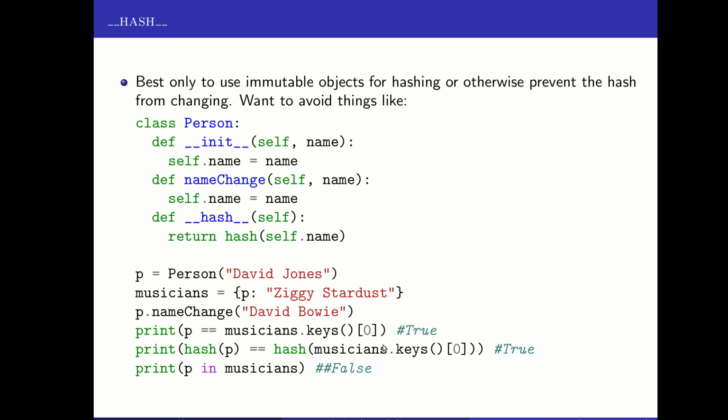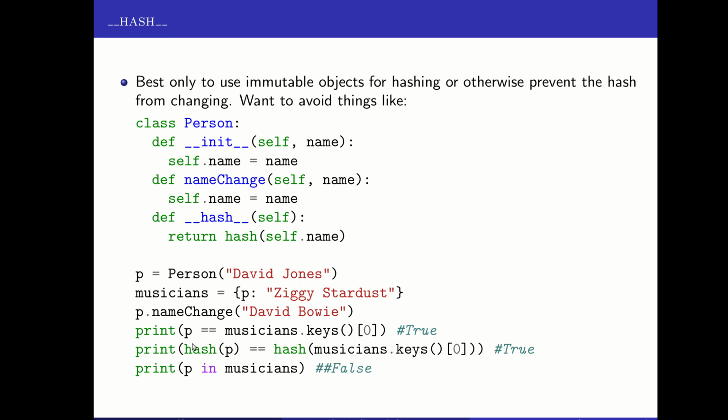But the dictionary, when I said to map P to Ziggy Stardust, meaning map the person David Jones to Ziggy Stardust, it hashed David Jones, which means that whatever number and index David Jones hashed us to is where Ziggy Stardust got stored. But I can pretty well guarantee you that David Bowie is going to hash to a different index and will show up as a different hash value than David Jones.